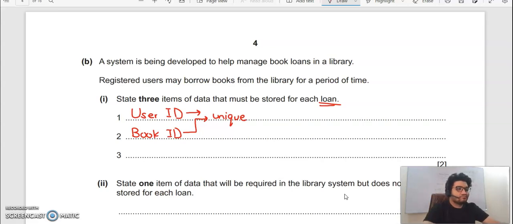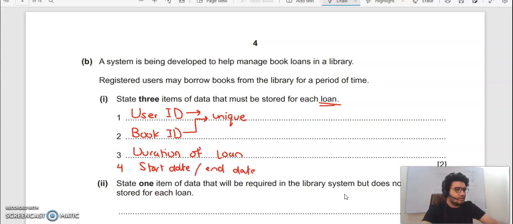There could be a lot of things that we can add to this, but one very obvious thing could be the duration of the loan, like how long you are going to loan the book, or the start date or the end date.